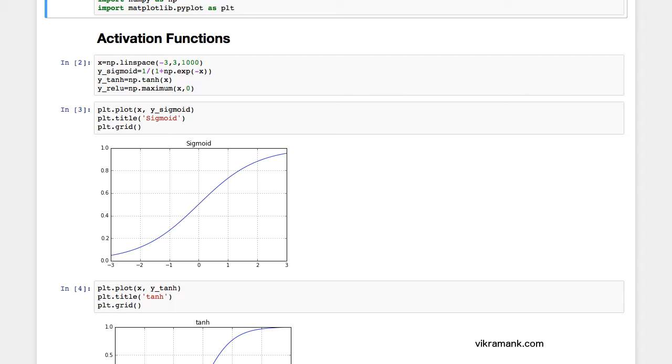When the input value is less than about minus 30, the output is approximately equal to 0. So as we go towards negative infinity, the value is approximately 0, and as we go towards plus infinity, or say above plus 30, the output of the sigmoid function is approximately 1.